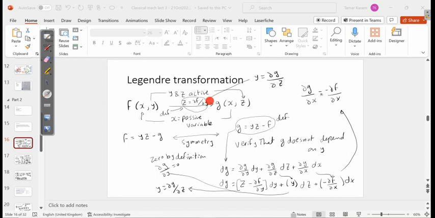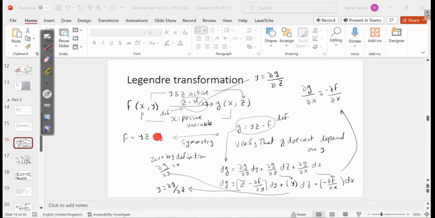Finally, now it's time to explicitly write the relation between f and g. f is equal to y multiplied by z minus g. This is the simplest case to introduce Legendre transformation. f is equal to yz minus g.